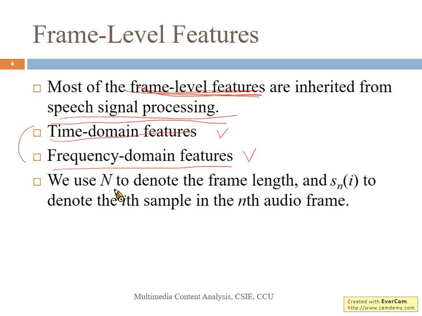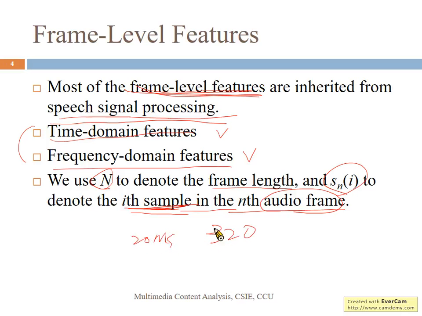In the following, we will use capital N to denote the frame length and s_n(i) to denote the ith sample in the nth audio frame. As we mentioned above, each audio frame consists of many sample points, just like the example we showed before: the 20 millisecond audio frame consists of 320 sample points.